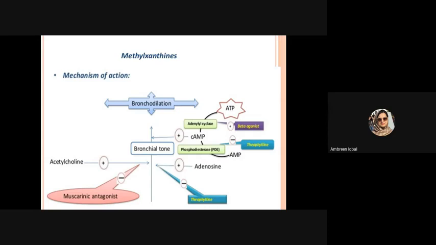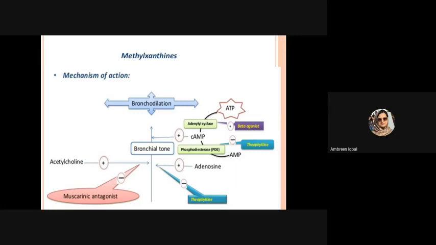Previously, we said beta 2 agonists activate the enzyme adenyl cyclase, and this adenyl cyclase converts ATP into cyclic AMP. And we said cyclic AMP is very good, and it activates inactivated protein kinase into activated protein kinase. Now the next step: cyclic AMP converts to 5-adenosine monophosphate, AMP, by the help of the enzyme phosphodiesterase.